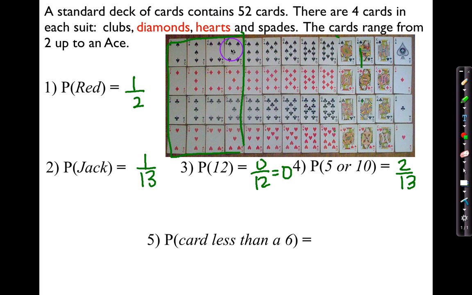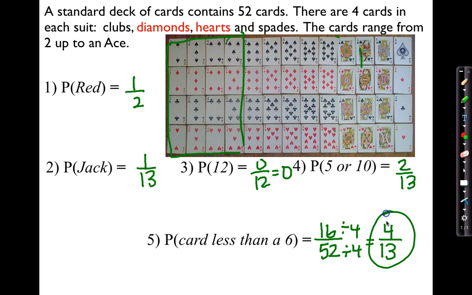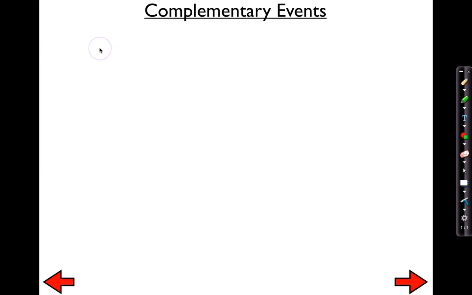There's 1, 2, 3, 4. 1, 2, 3, 4. 4 by 4 means it's 16. So there's 16 out of a total of 52. Right away, I know I can divide by 4, which is going to leave me with 4 over 13. So it's 4/13 probability.